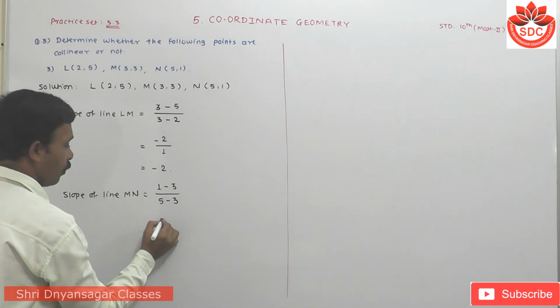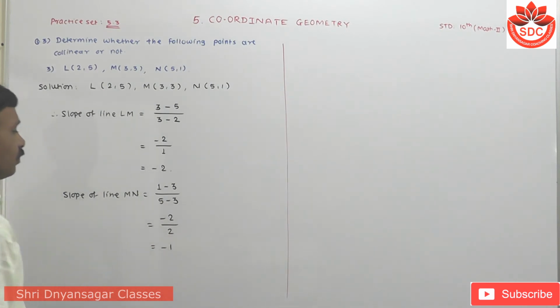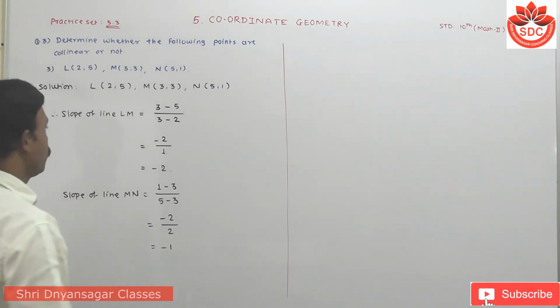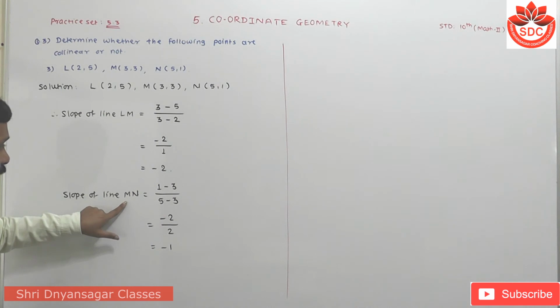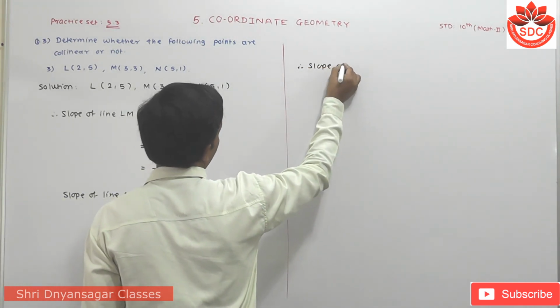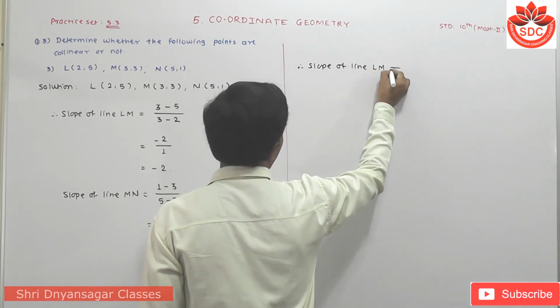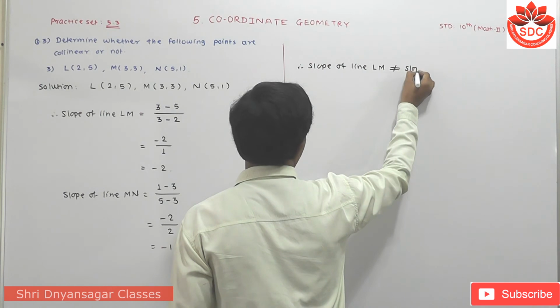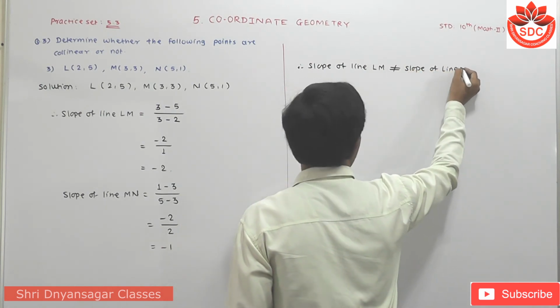Then it becomes minus 2 upon 2, which is equal to minus 1. Therefore, student, observe carefully, slope of line LM is not equal to slope of line MN.